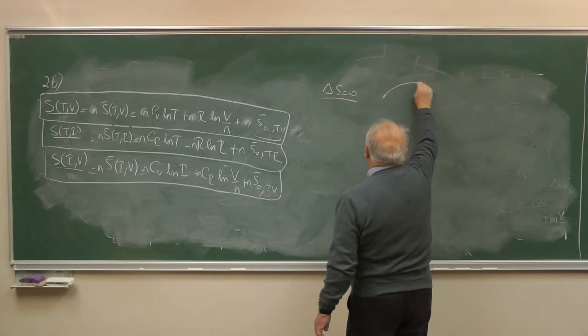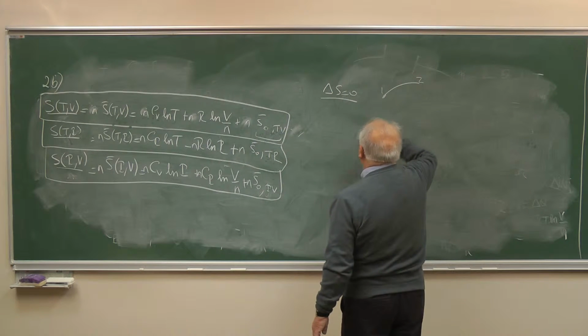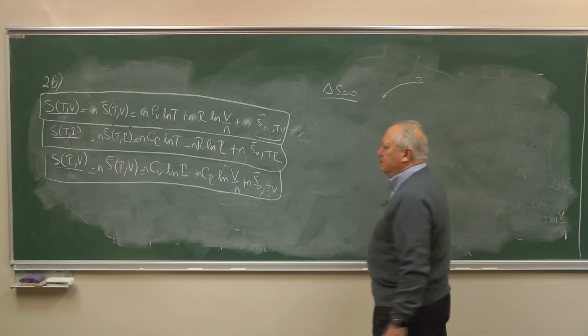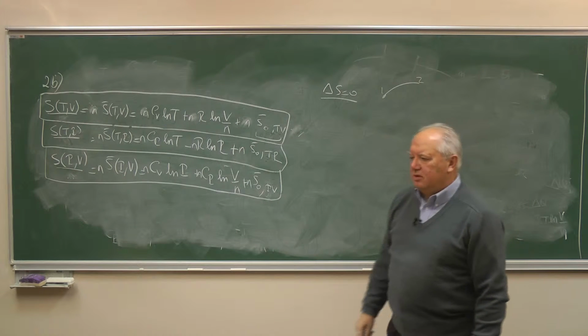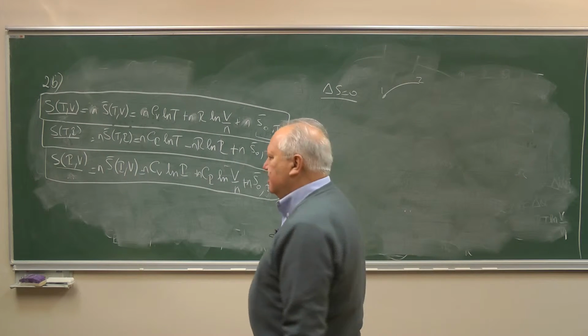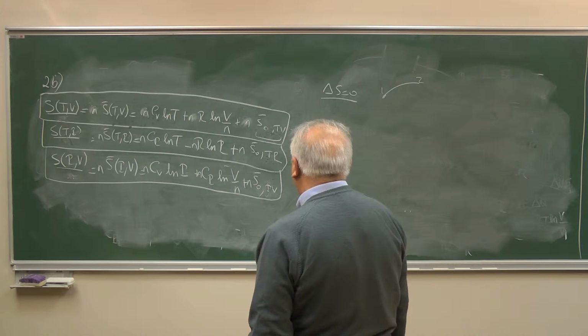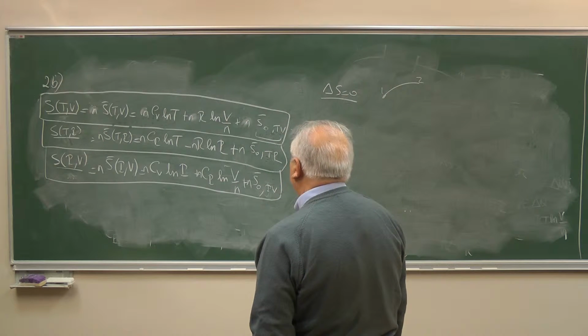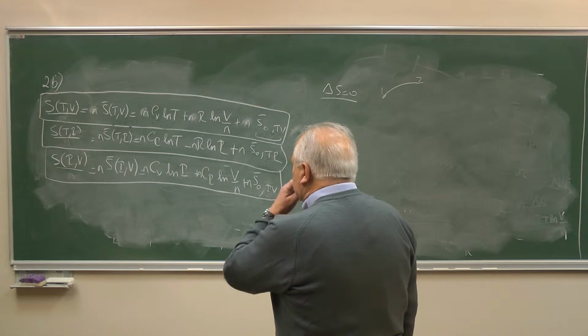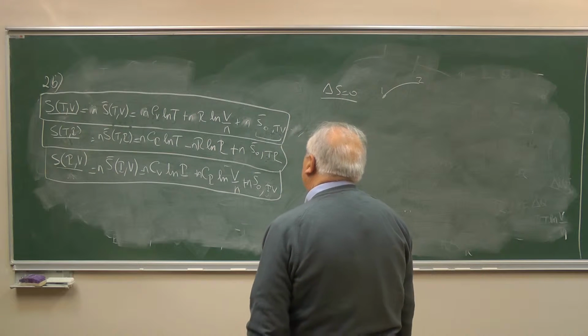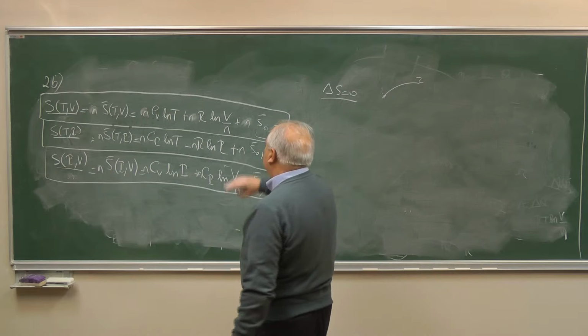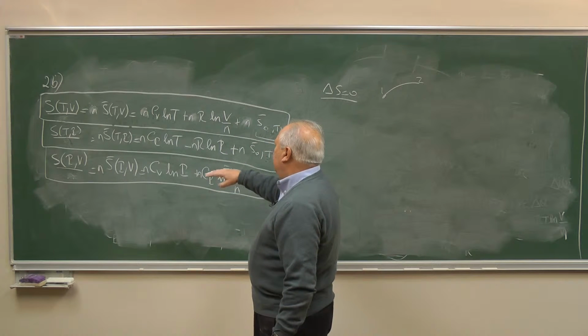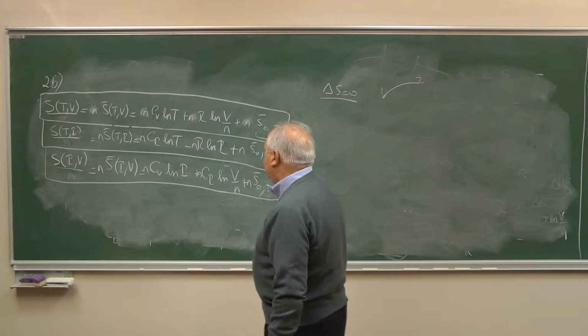Suppose you go from 1 to 2, in which delta S is equal to 0, in which the system keeps its entropy constant. So if the parameters of the system are TV or TP or PV, how do they change?